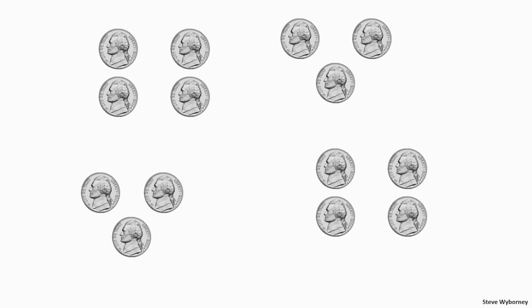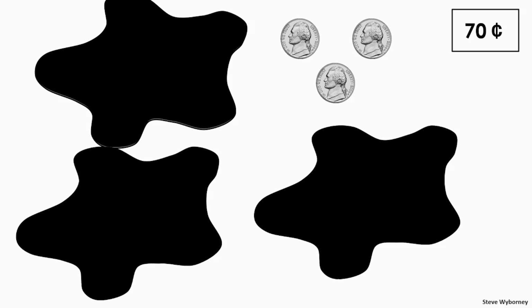I see 2 groups of 3 nickels and 2 groups of 4 nickels. 3 plus 3 plus 4 plus 4 is 14 nickels. Let's think, what is the value of these nickels? 5, 10, 15, 20, 25, 30, 35, 40, 45, 50, 55, 60, 65, 70. They're 70 cents. Here comes the splat. How many are under the splat?